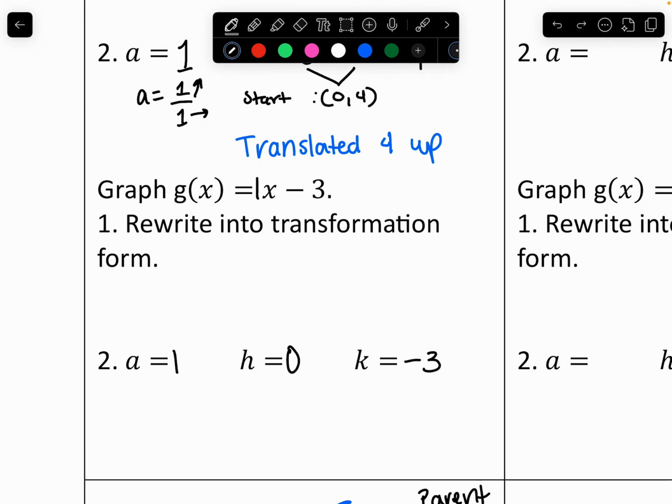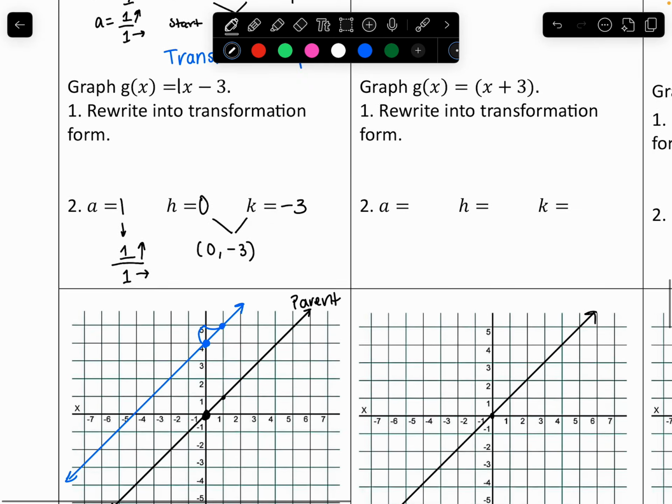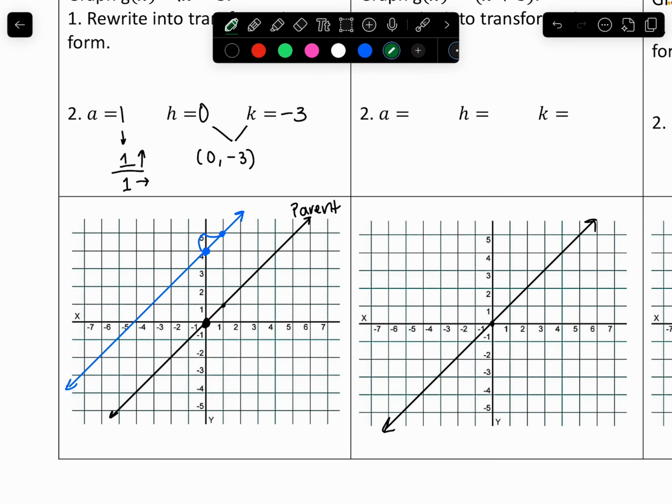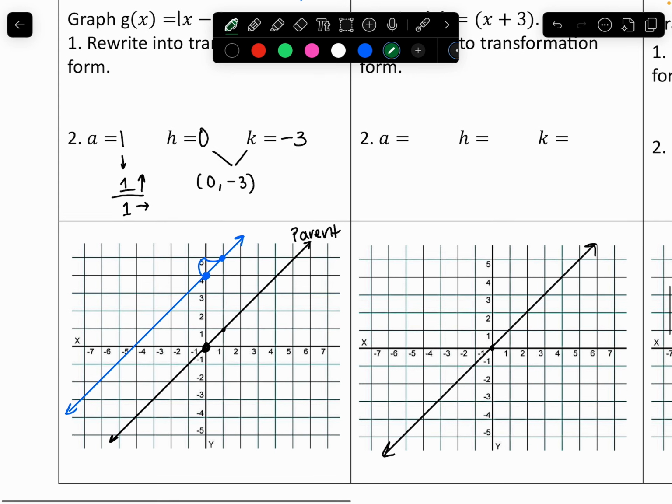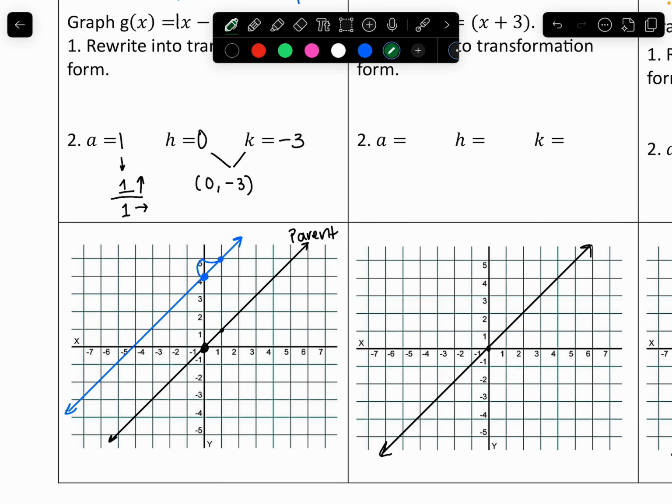K does not. So then we're going to start at 0, negative 3. And my slope is 1 over 1. Now use a different colored pencil. Use green this time. We're going to start at 0, negative 3. I go up 1 to the right 1. Okay, go ahead and graph it.